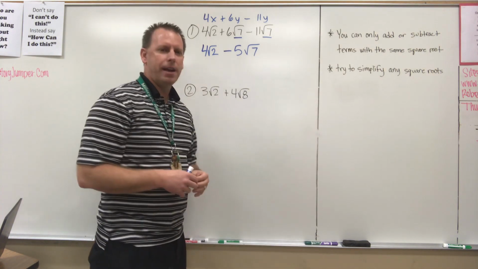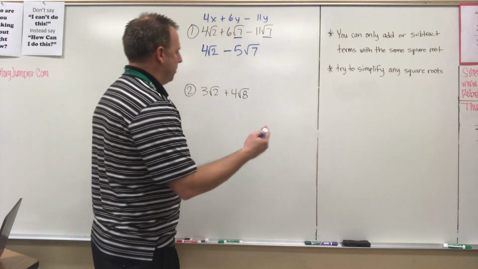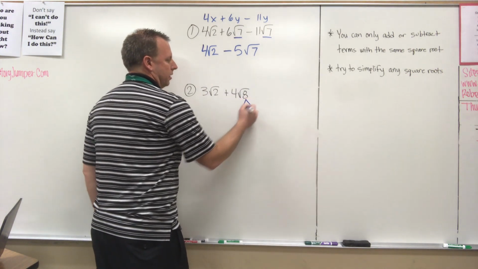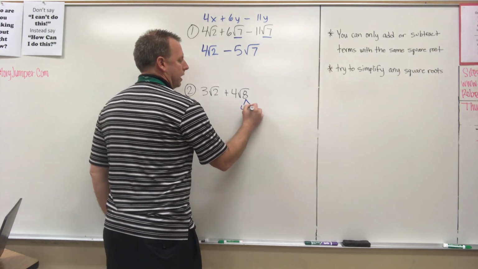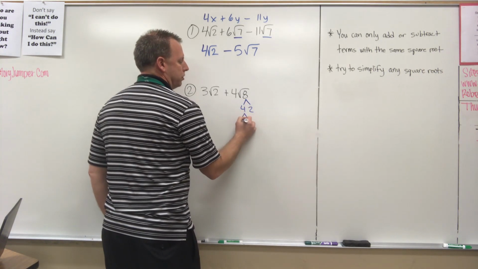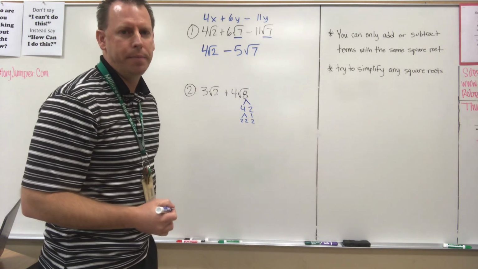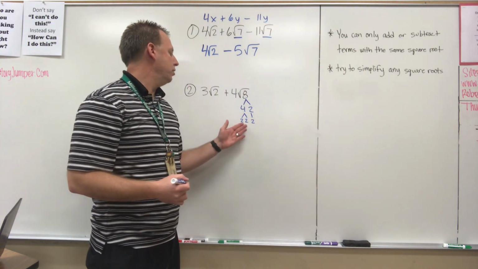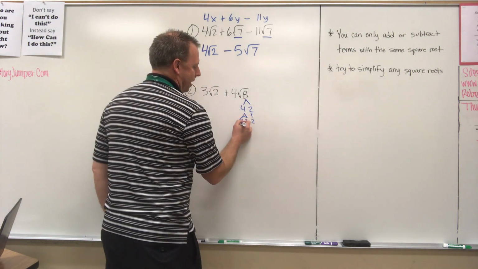So remember how we've done that. We look for the prime factorization, look for our pairs, take them out, see what's left. So we're going to do our little factor tree on 8. We've got 4 times 2, and 4 is 2 times 2. Again, I like to bring that guy down so I don't forget him. So 8 is really 2 times 2 times 2. Oh, there's a pair, there's a square.